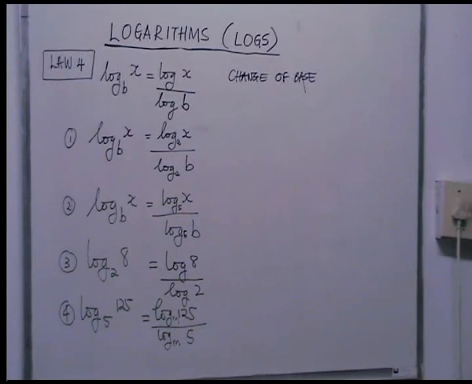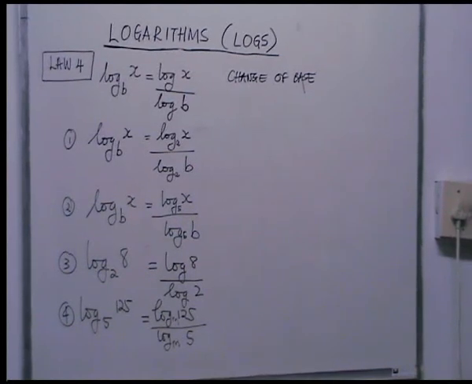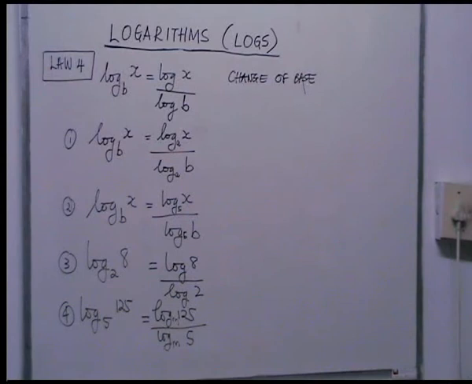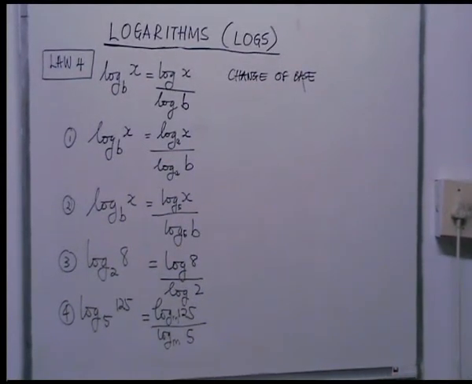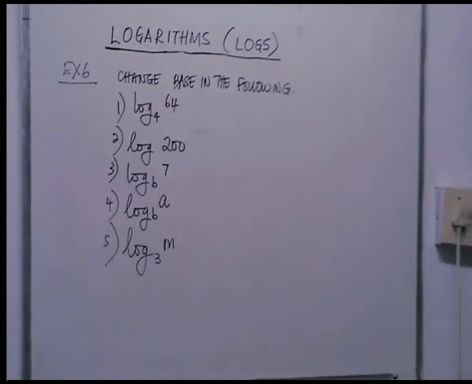Let me give you an exercise only on law 4 first. Right, here we have exercise 6. You are required to change the base in the following. Number 1, log 64 to the base 4. Number 2, log 200.